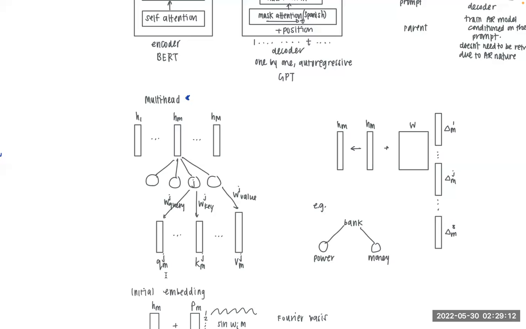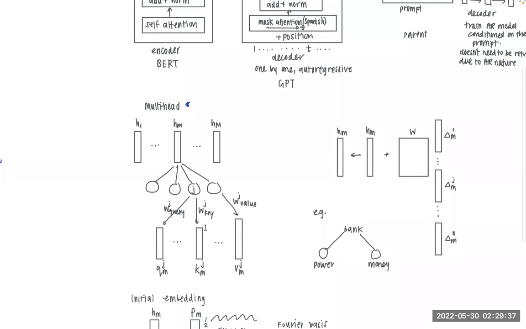Okay, so we use QMj to denote the query vector for HM extracted by the jth head, and this key vector extracted from HM by the jth head, and VMj is a value vector extracted from HM by the jth head.